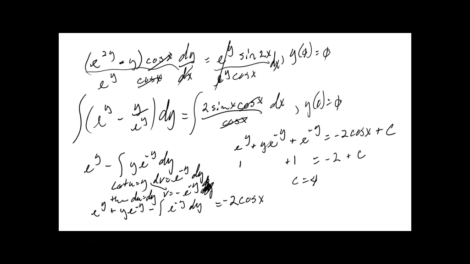And in your text, they show a family of curves there, in figure 2.2.2, which is your g of x y, which is e to the y plus y e to the minus y plus e to the minus y, plus cosine 2x. There's that function, which is what we set equal to 0.